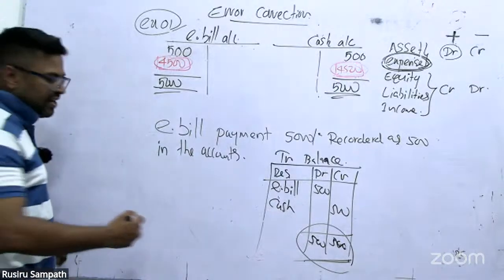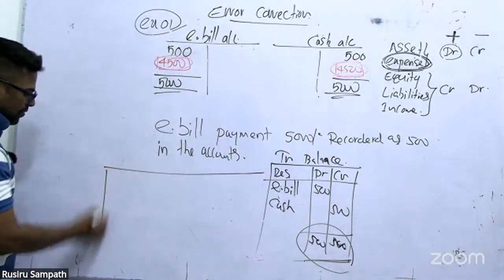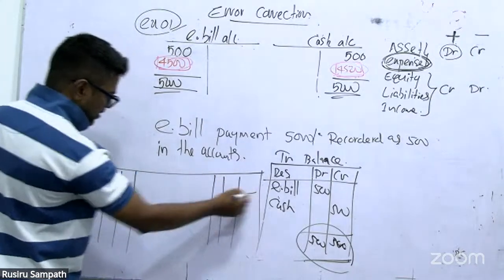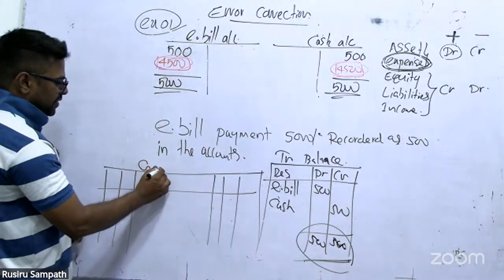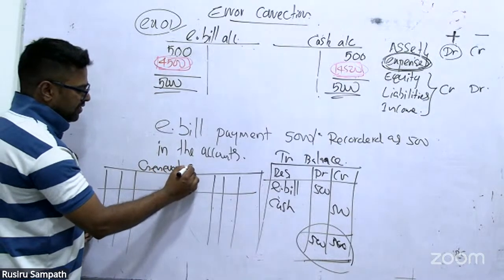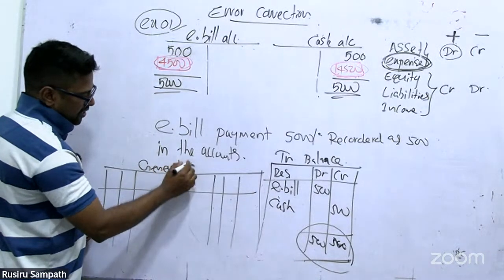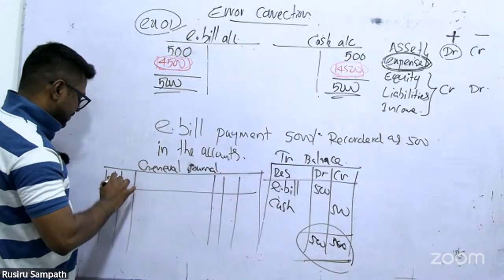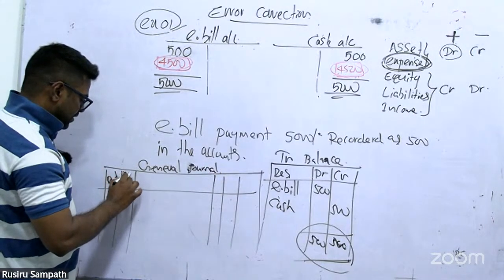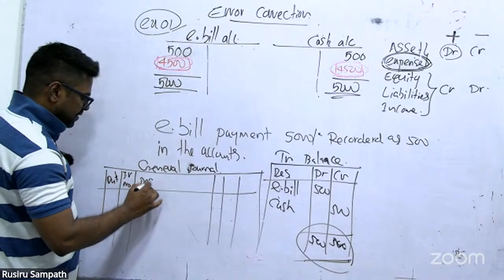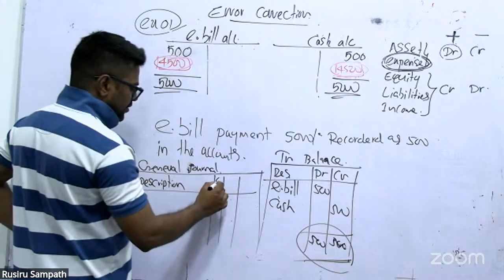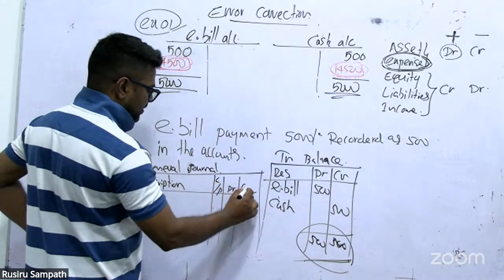You know, correction entries are recorded through the general journal. That is the general journal. How to record it? General journal: date, journal voucher number, description, ledger page, debit and credit.